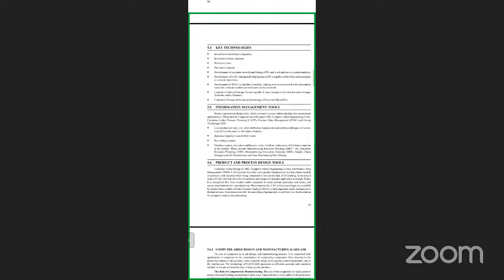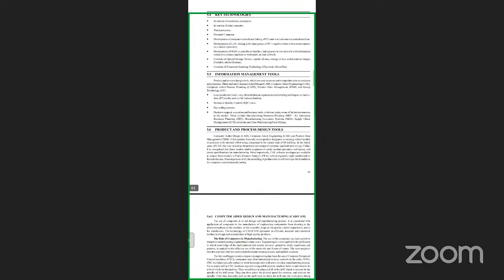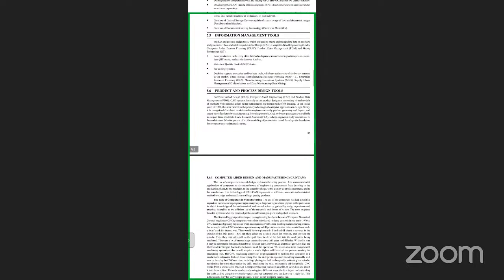So these are different tools that are being used to store the information about the management and the processing. And under product and process design tools, we have CAD and CAE and product data management.